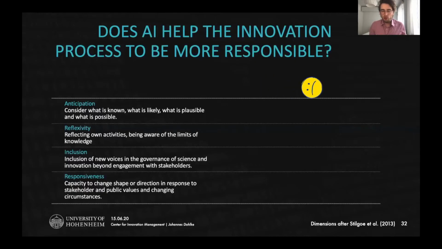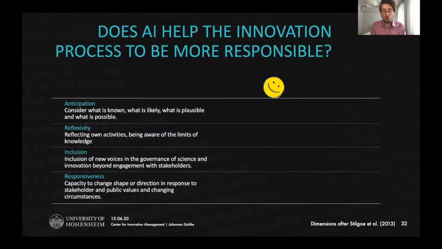So after looking at all of these examples of the influence of AI within a firm level innovation process, I would like to get back to the question that is really of interest to us in this talk. And that is, does AI help the innovation process to be more responsible? And in order to answer this question, I would like to go back to the notion of responsible research and innovation and look at the 4 dimensions that are characterizing activities and the state of responsible research and innovation.